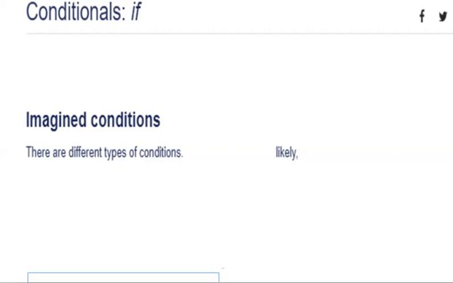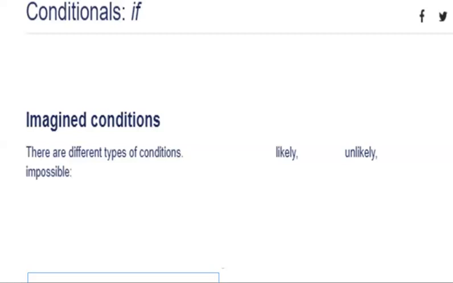The second one is unlikely. Unlikely means from the two events, there are fewer chances of happening, then this will be known as the unlikely. And the third one will be the impossible.